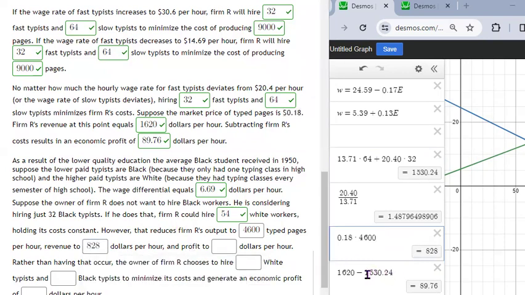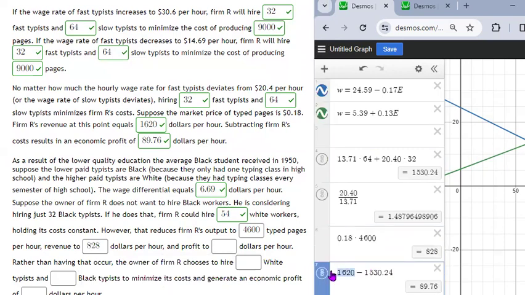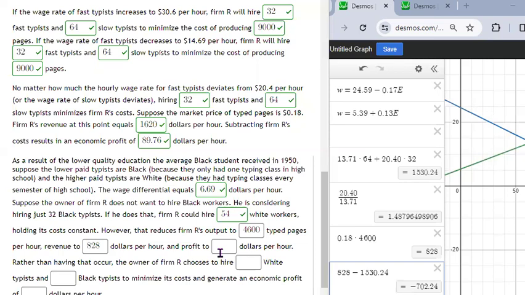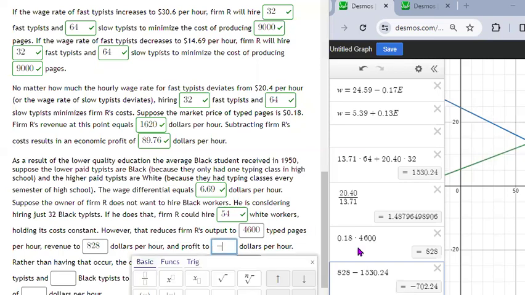And what is profit now? Costs are still $1,530.24. The revenue is $828. So profit is negative $702.24. They're making an economic loss, right?